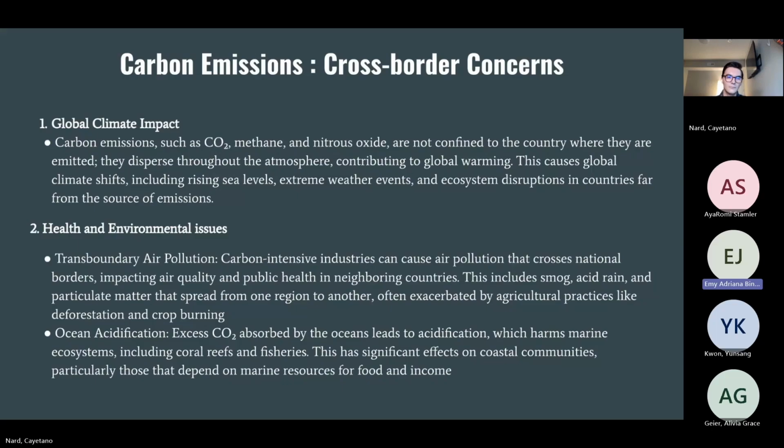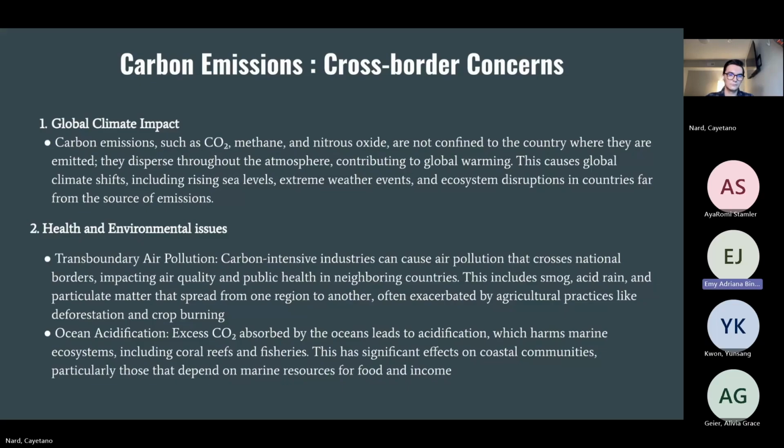Next are health and environmental issues. Air pollution is caused by carbon-intensive industries. It crosses national borders, impacting air quality and public health in neighboring countries. This includes smoke, acid rain, and particulate matter that spread from one region to another, often exacerbated by agricultural practices like deforestation and crop burning.